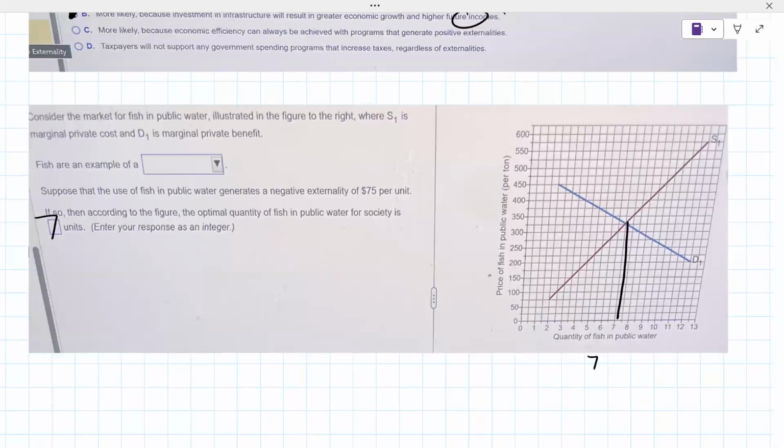Oh, sorry, no. Suppose that the use of public fish generates a negative. Sorry, that's not right, don't use that. This affects the number. Okay, so this 75 per unit is gonna drop it down. All right, let me go see what it actually is here. If the fish are what you said there, consider.